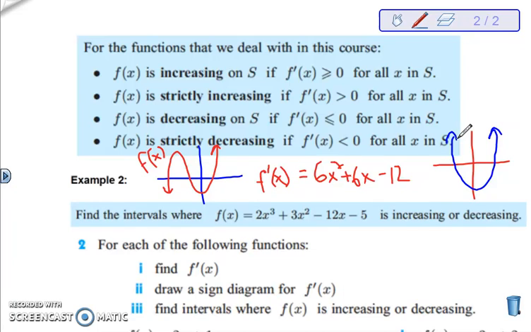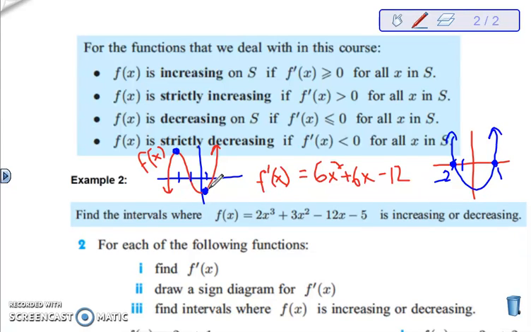So if I look at the graph of f prime, I notice it hits the x-axis at -2 and +1. If I go back to my graph of f and I count over to -2 and +1, notice those are the high and low points. Those are the points where the graph changes direction.